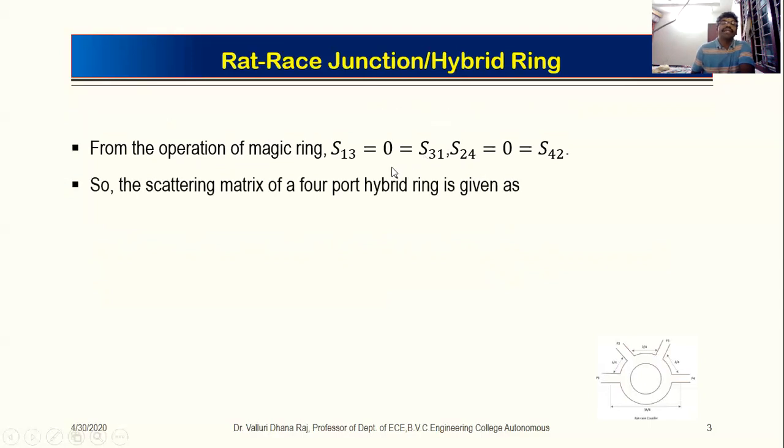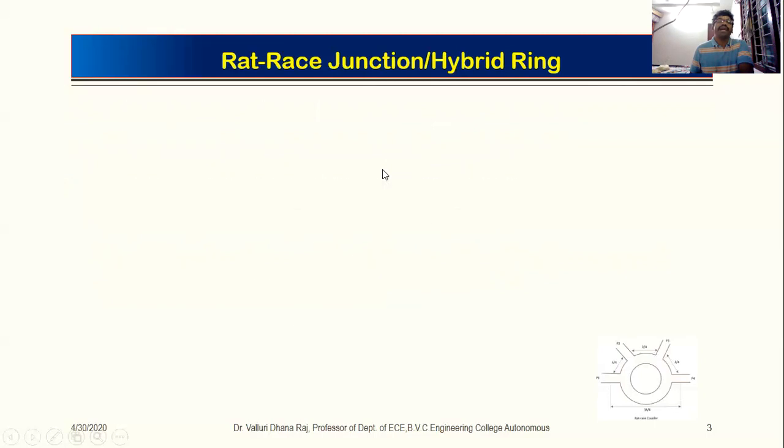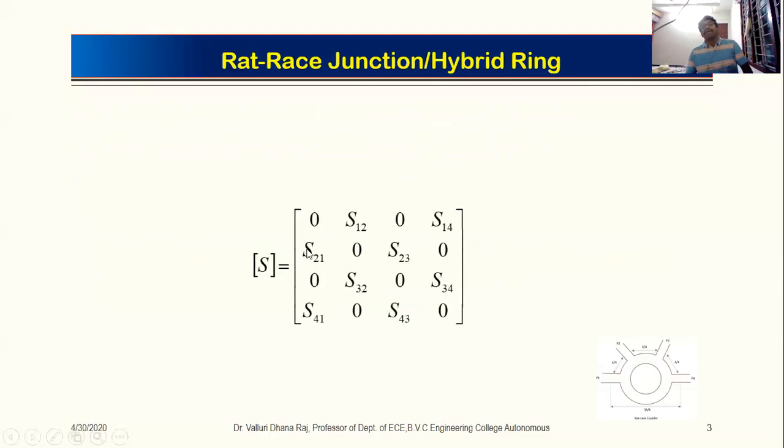So the scattering matrix of the 4-port hybrid ring is given this way: S11, S12, S13, S14, likewise S21, S22, S23, S24, S31, S32, S33, S34, and S41, S42, S43, S44.